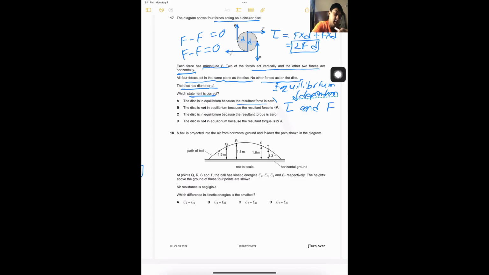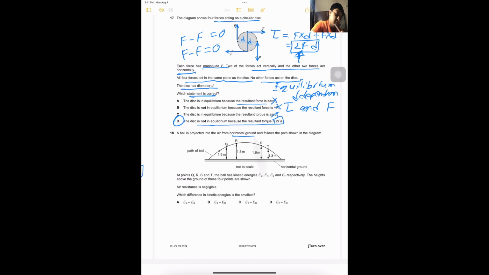It does not only depend on resultant force itself. Not again, the disc is not in equilibrium because the resultant force is not 4F, it's 0. The torque is not 0. The disc is not in equilibrium because the resultant torque is 2Fd, as we have just shown by the calculation here. And so the answer is D.